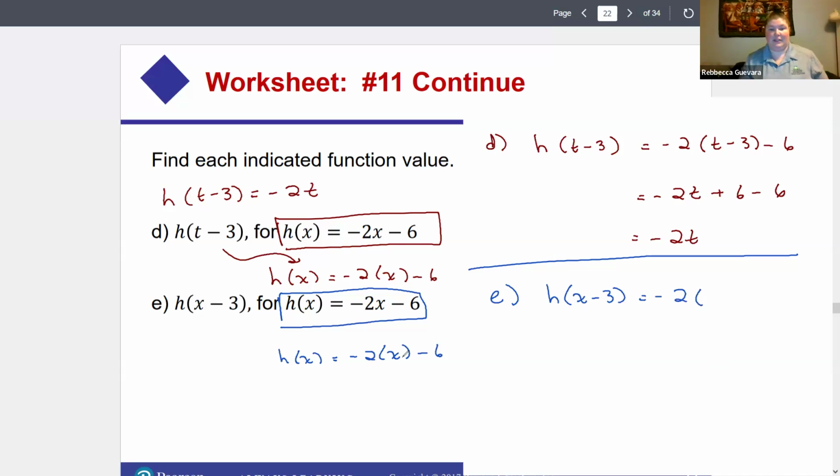So I end up replacing this x with x minus 3. And this is going to be the most common way that we're going to use expressions inside of a function. So this is something we will see again. So in this case, h of x minus 3 is just going to be negative 2x.